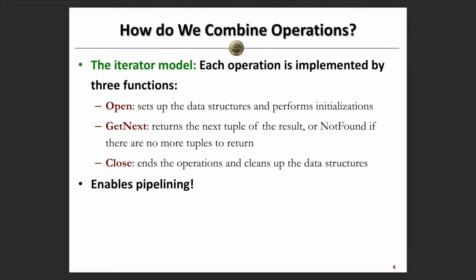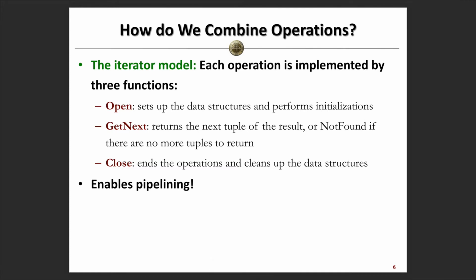In the Iterator Model, each operation inside the logical tree is implemented by three functions: the open function, the getNext function, and the close function. The open function sets up the data structures and performs the initializations for this node, for the operation.